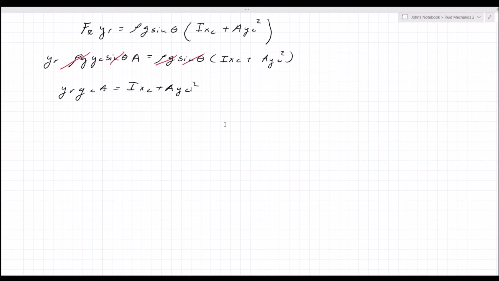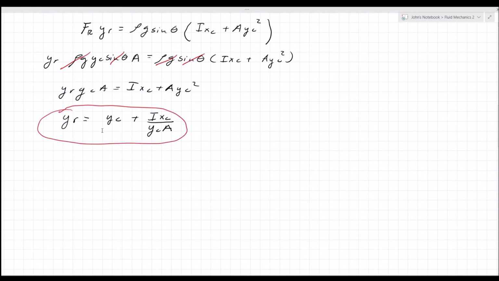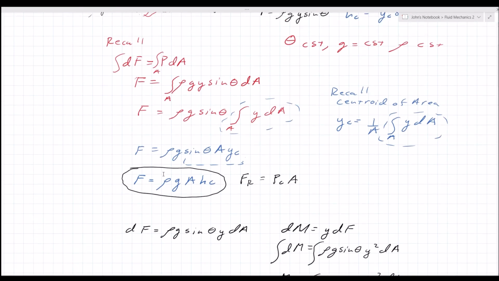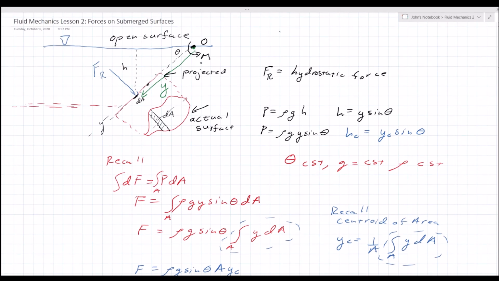I want to know what y r is here, so solve for it. y r, when you end up solving for it, you get y c plus I x c over y c A. So this is the position of where the hydrostatic force is located relative to the surface along the plane that is parallel to the surface I'm interested in. Alright, so this plane here.